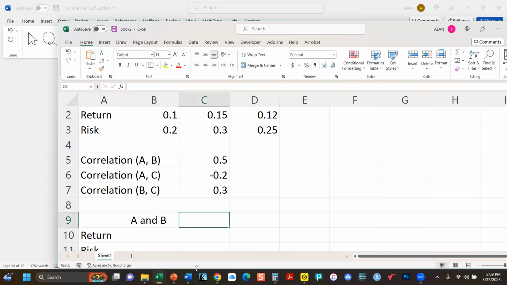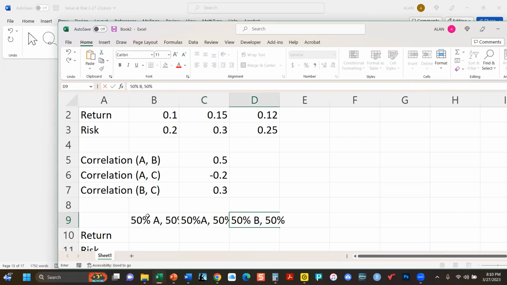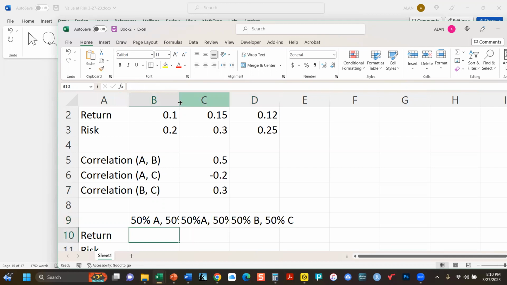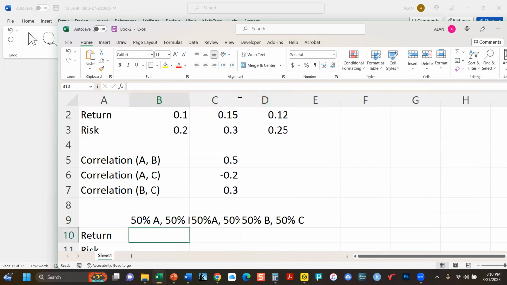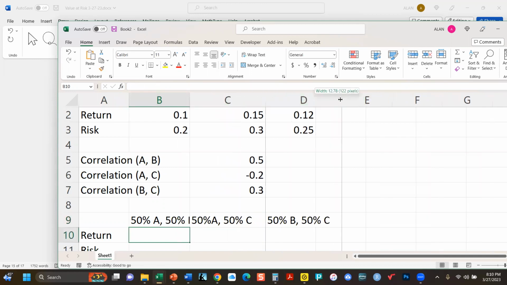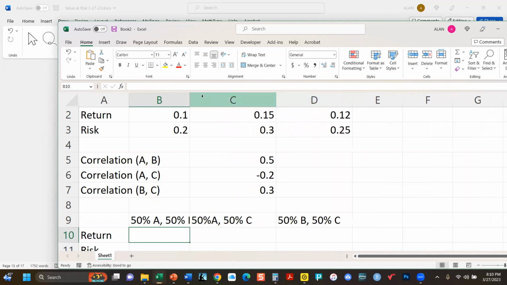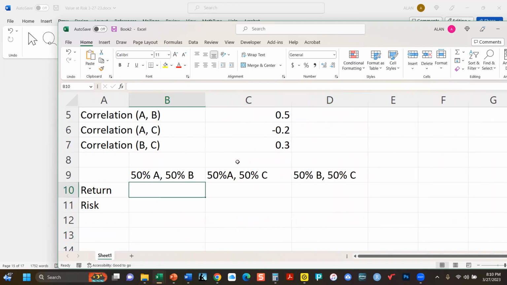Let's say here's stock A and B, A and C. Actually, let me label this a little differently, just so you know what the weights are. So I'm keeping things simple by assuming 50% in each.